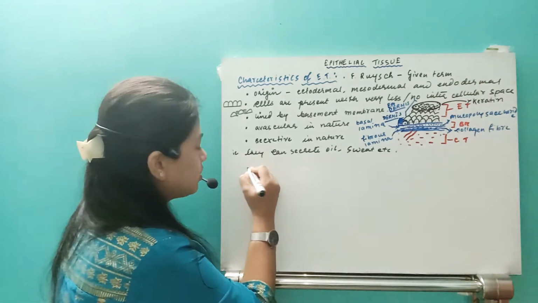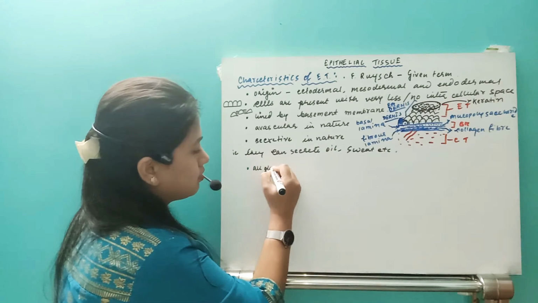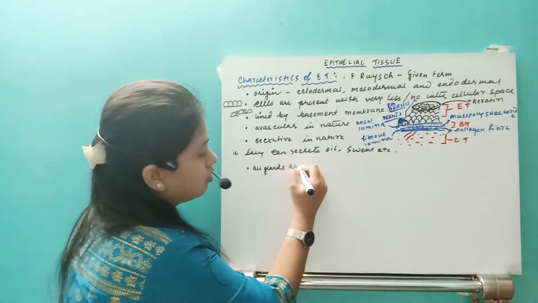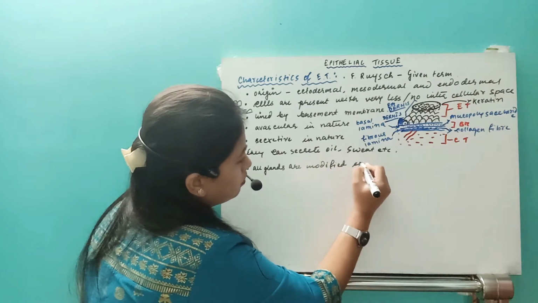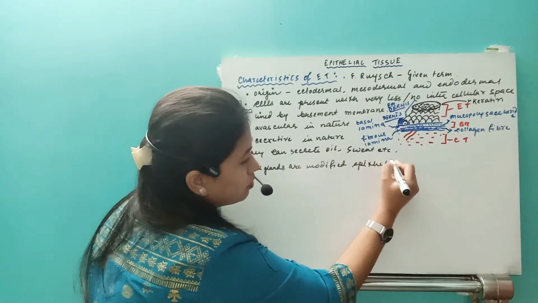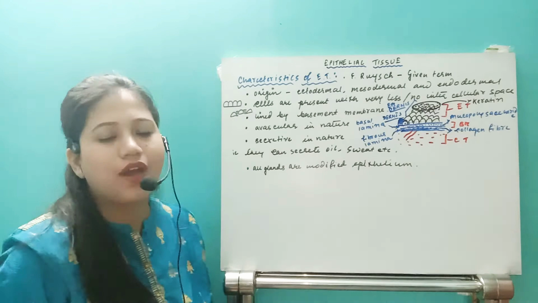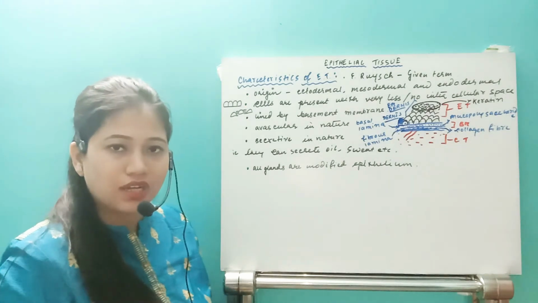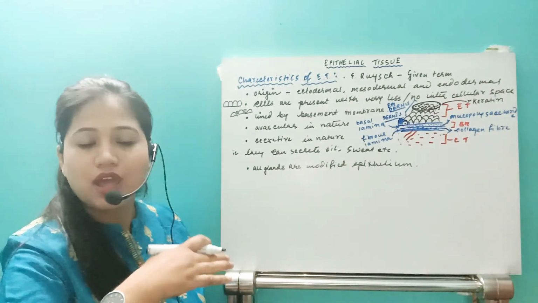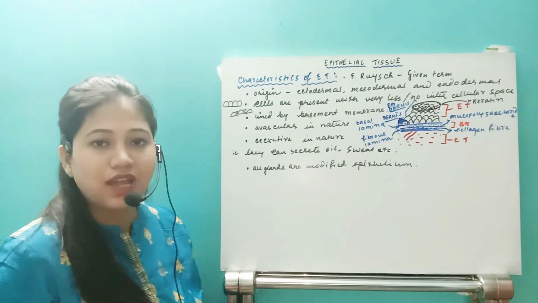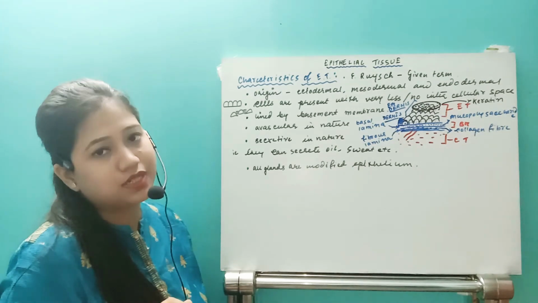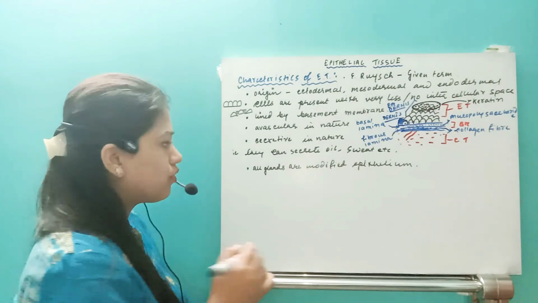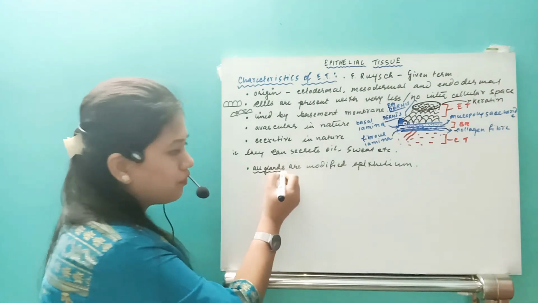Remember that all glands are modified epithelial tissue, or simply epithelium. So if you have exocrine gland, endocrine gland, apocrine, merocrine, holocrine, all kinds of glands, those glands will always be modified epithelial tissue.